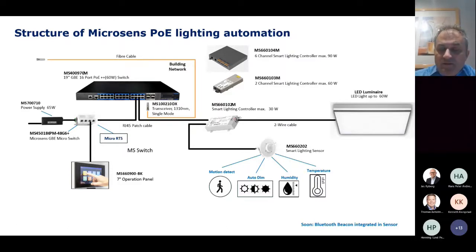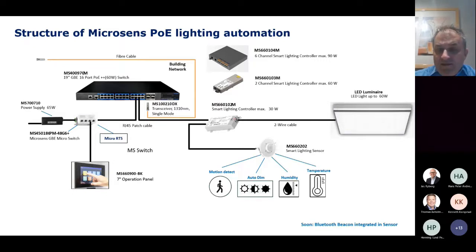We have the ability to control over this automation platform, also over the data we pick up from the sensors, other values inside the room. This could be next to brightness, also temperature control and humidity, and the automation platform inside the switch is running the complete application, the task.